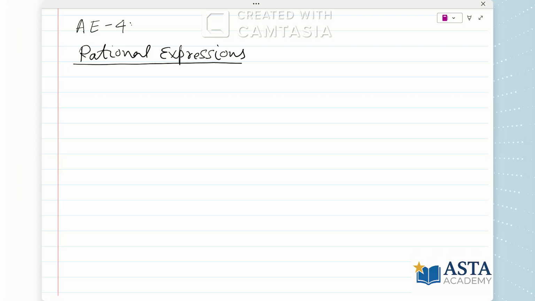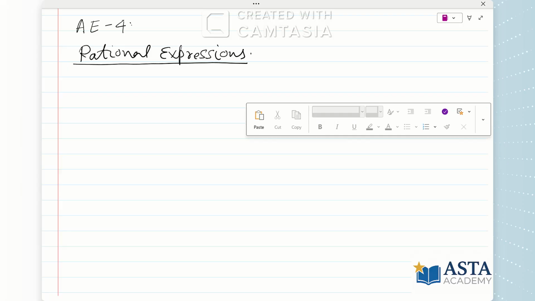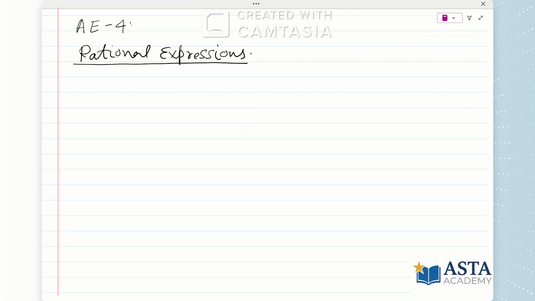Well, we know what rational numbers are. So 2 by 3 is a rational number, which has two parts: you have a numerator and you have a denominator.